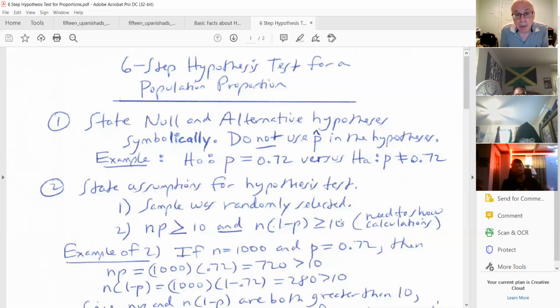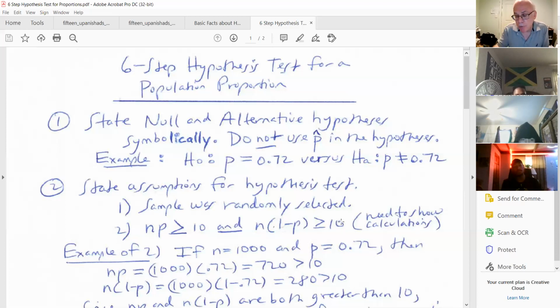You're done. You cannot do any of the remaining steps. If the sample was not randomly selected, you cannot do a hypothesis test because if it's not randomly selected, you can't do probabilities, you can't calculate p-values. So this is one of the requirements in the core piece of the final exam. They're going to ask you to do both of these things.